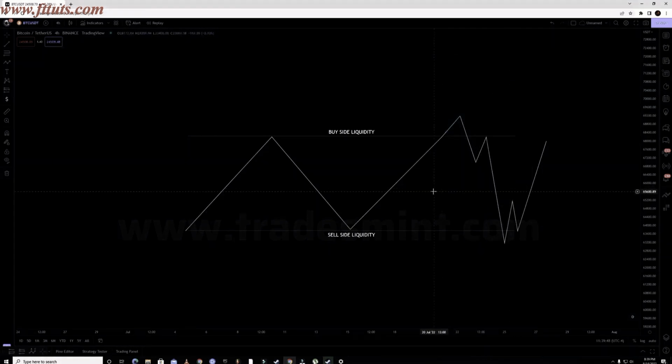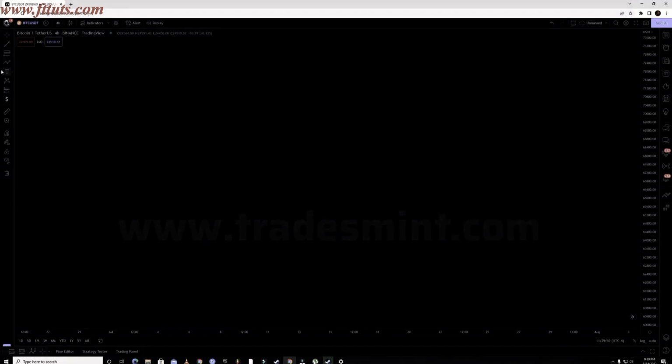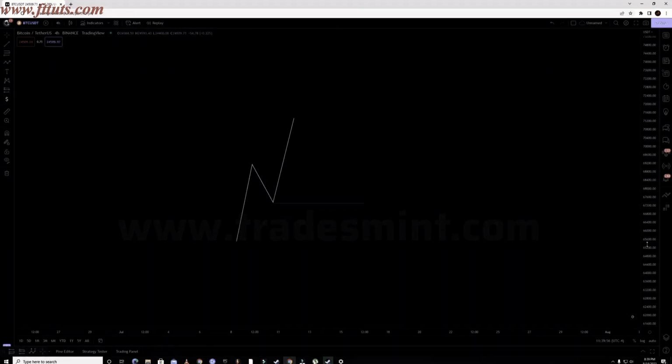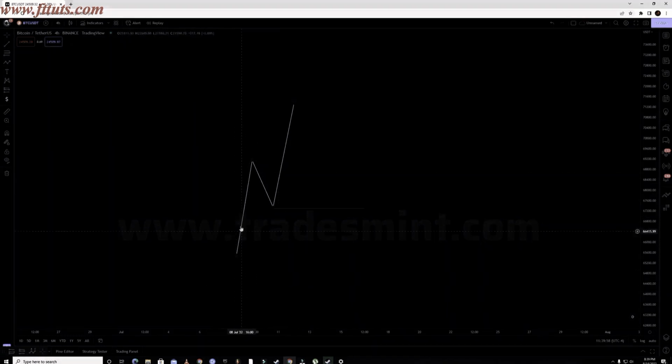Now liquidity could be literally anywhere. It could be right here, this level. All right, when we are in an uptrend, you can see the higher high and higher low. This higher low could be considered as liquidity as well, because people are going to buy at the breakout of this previous high.